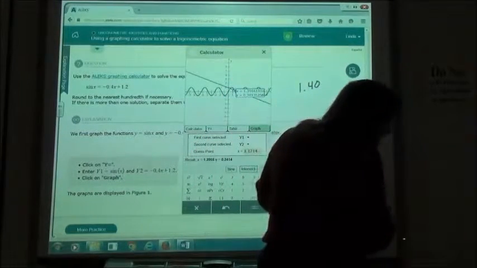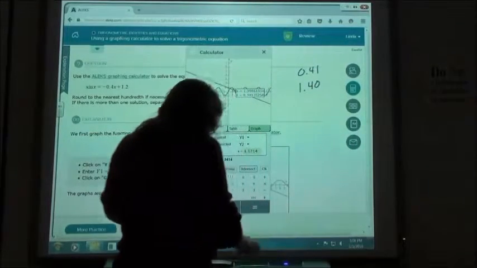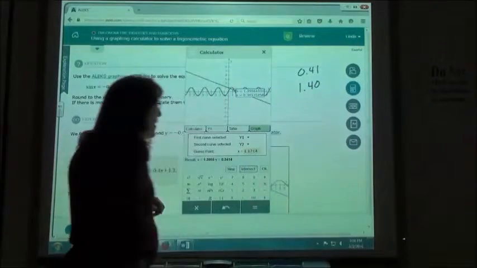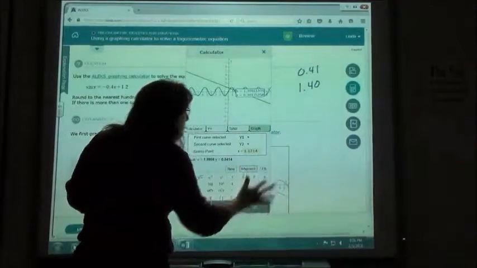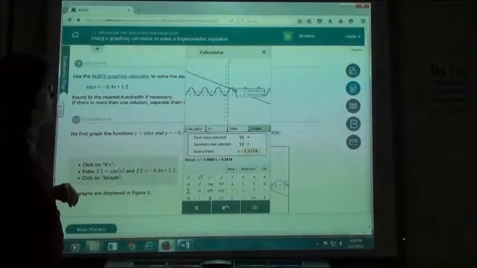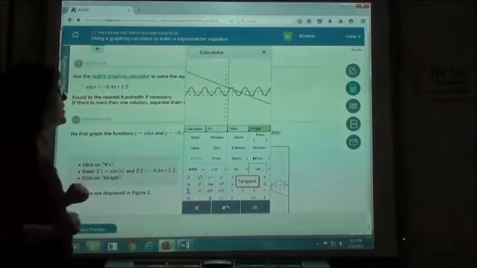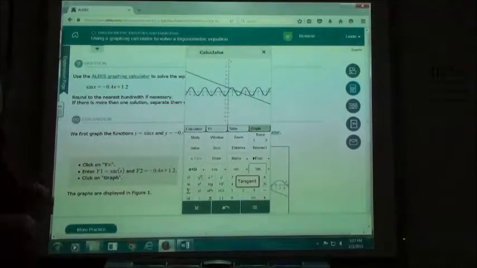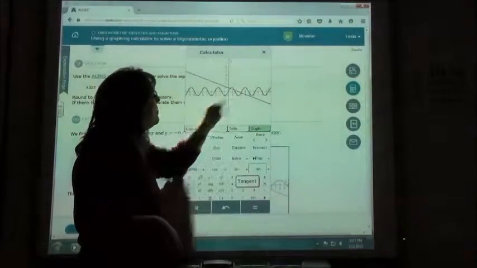So our first answer we had was 0.41. Our second answer is 1.40. Again, after you do that, you have to hit OK. Evidently my OK just erased the board. There it was. This time my line stayed. My line's still there, so now I need to find my third intersection.